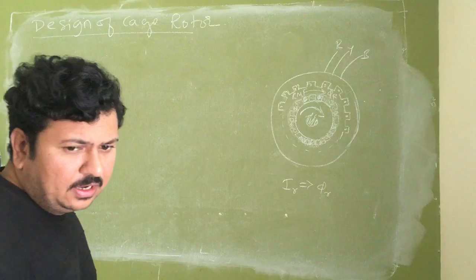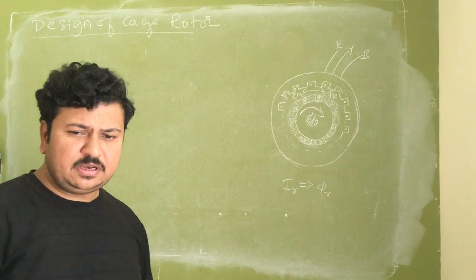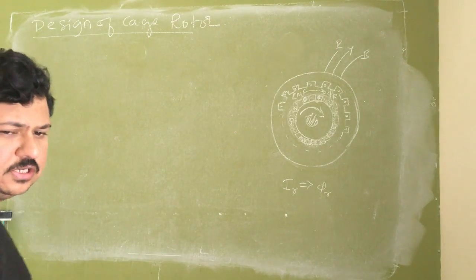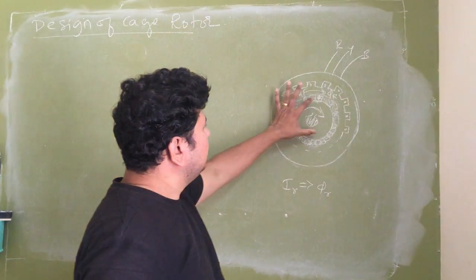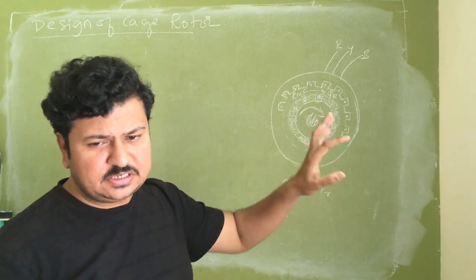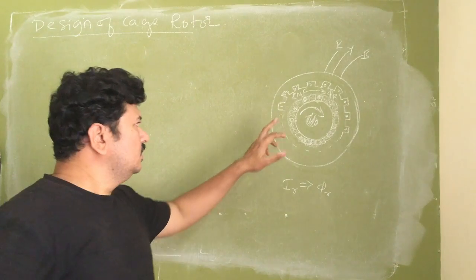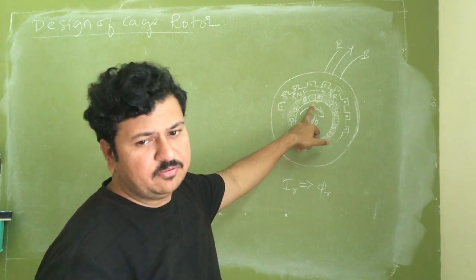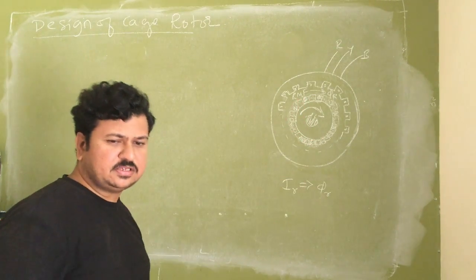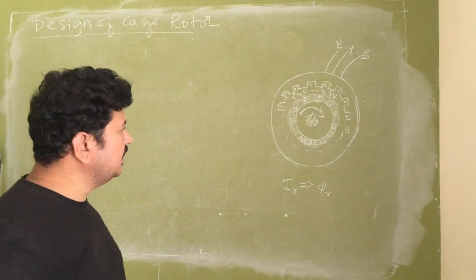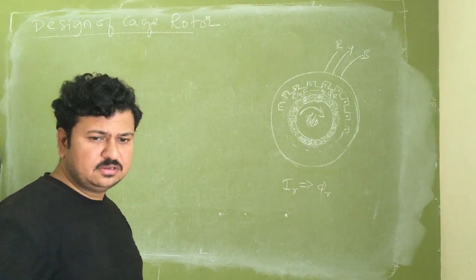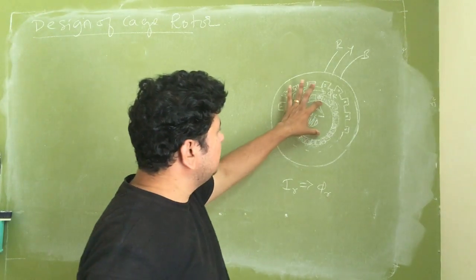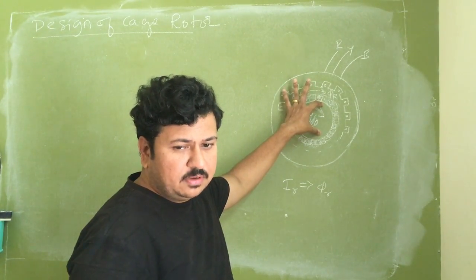Now initially the RMF is rotating at synchronous speed, the RMF is always rotating at synchronous speed, whereas the rotor is initially at standstill. Therefore, the relative motion between the RMF and the rotor is the speed of the RMF, that is Ns. Ns minus 0 is Ns. So the EMF induced in the rotor is always maximum at standstill.